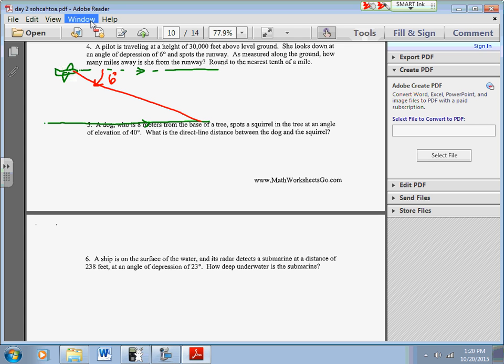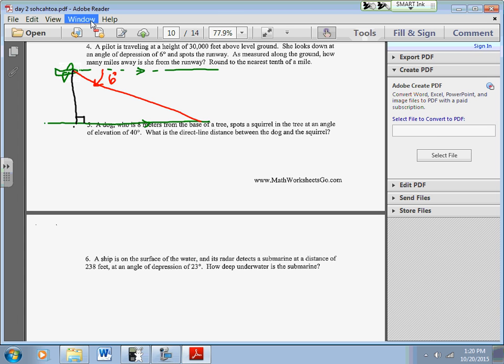So you guys have to do a few more lines. One of the lines that you have to draw is from the plane, directly below the plane, a straight line perpendicular to the ground. Because the question is asking, as measured along the ground, how many miles away is she from the runway?